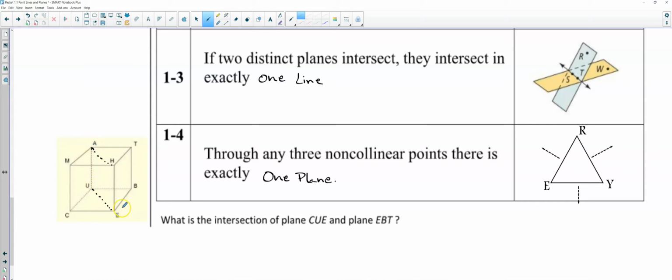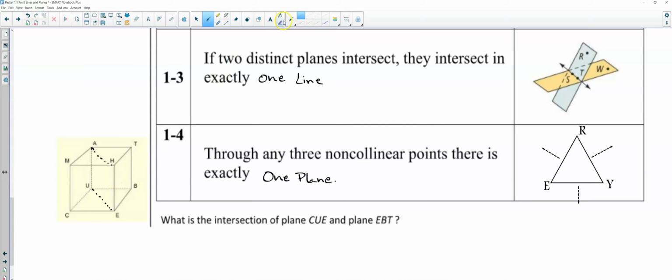Any 3 points are on the same plane. The 4th point is the one you have to check whether it is or it is not. 3 non-collinear points denote a plane, but the 4th point may or may not be coplanar.